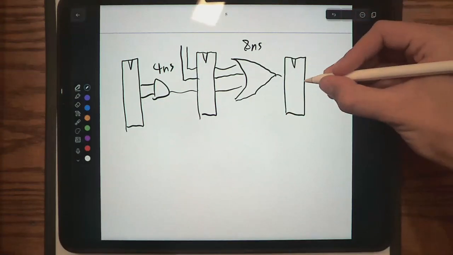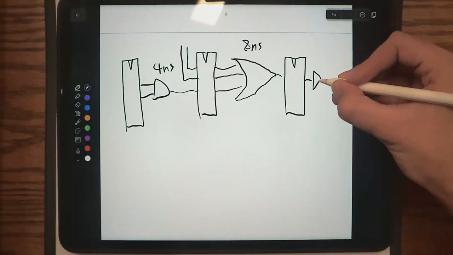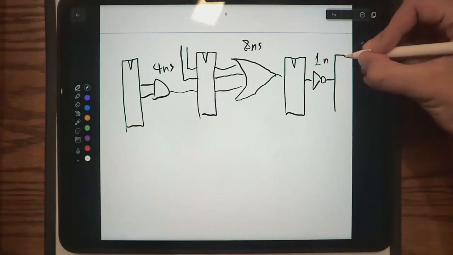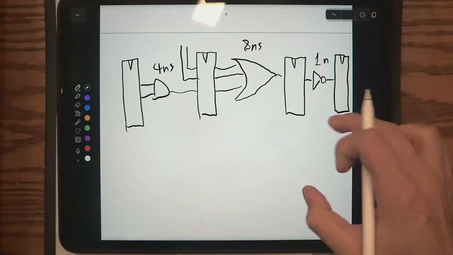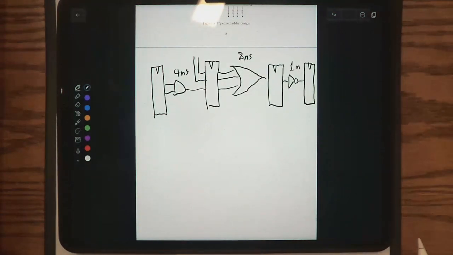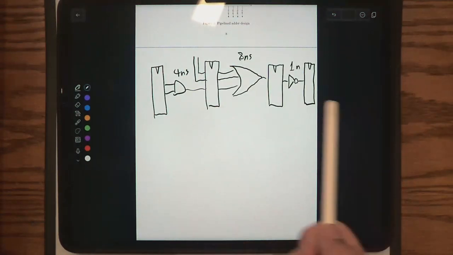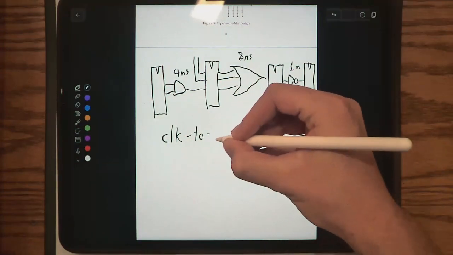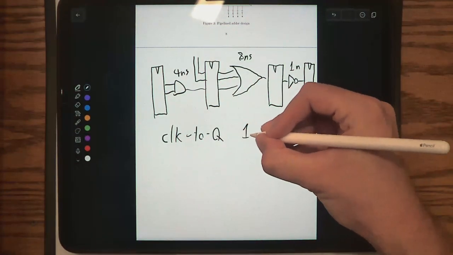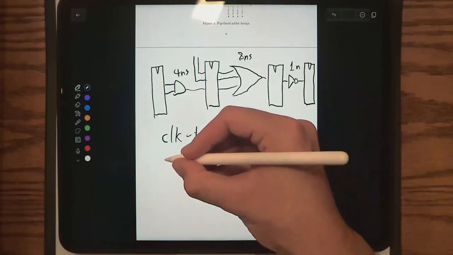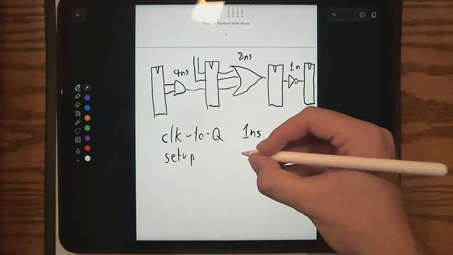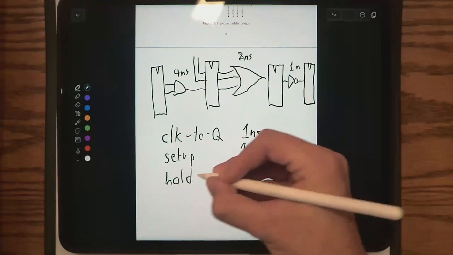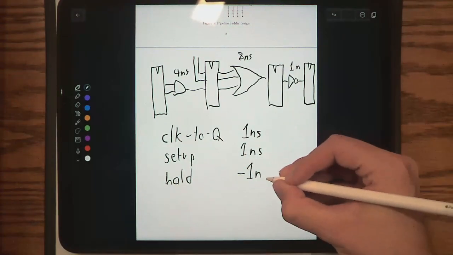And then finally, at the very end, there's something really fast, just a single inverter. Maybe this is 1 nanosecond. It comes out and goes into another flip-flop. Let's assume a clock to Q of 1 nanosecond, a setup of 1 nanosecond, and a hold time of -1 nanosecond.